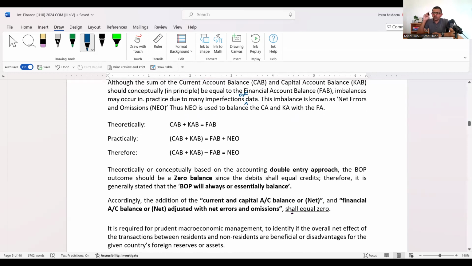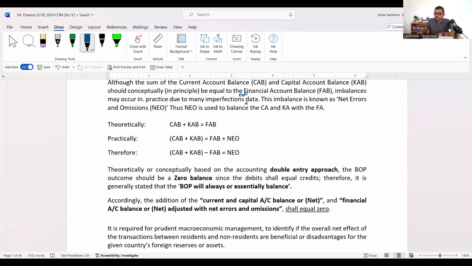Now, what was the heading? The heading was the case for the BOP overall balance. Why do we need to explain why we need an item called overall balance? Because theoretically, the BOP overall balance has to be 0 because of the double entry system. All credits will be cancelled off with the debits and the final outcome has to be 0. So read that part.